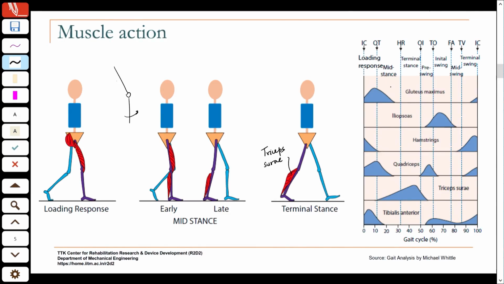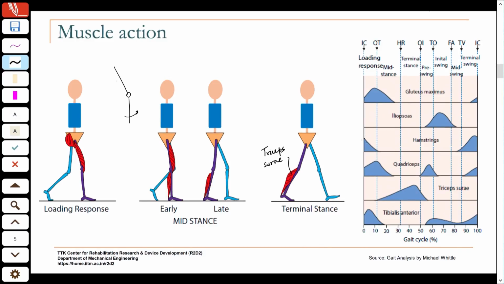So, if you look at this, then you see that initially, as we saw earlier, hamstring activity at initial contact is high to decelerate. Then you also have high quadriceps activity during the loading response phase.